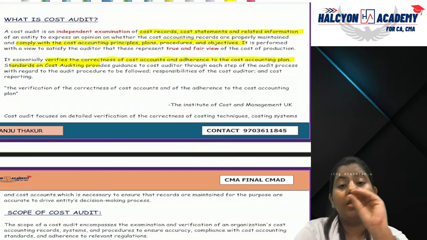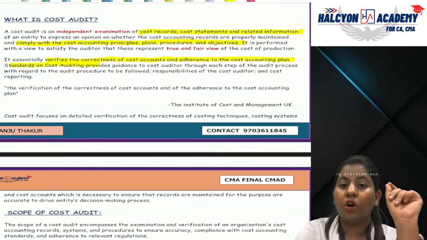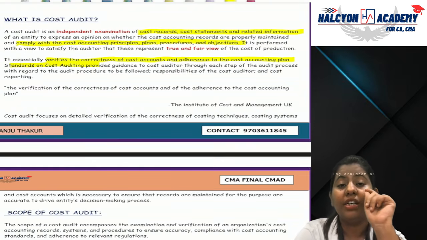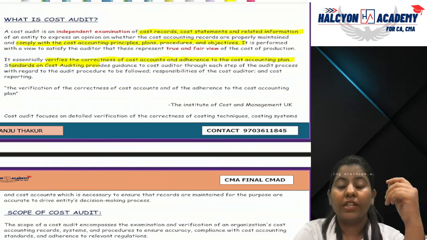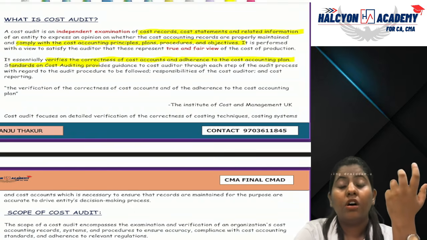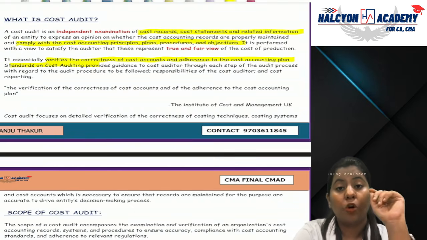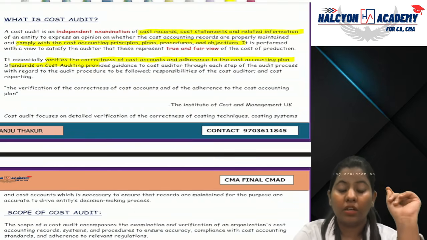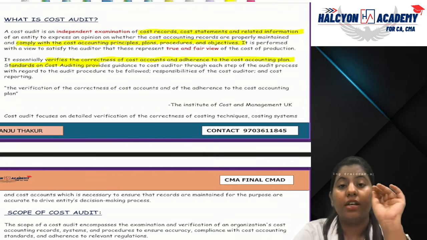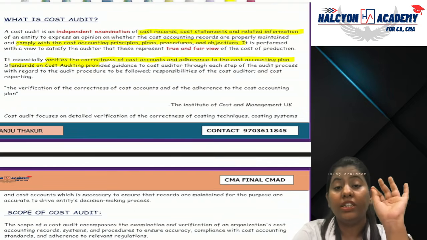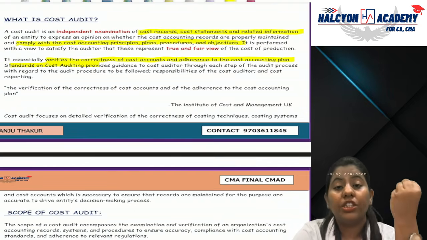The auditing standards guide the auditor at each stage, whether planning, conducting the audit, expressing the opinion or reporting, and how the procedures will be performed.